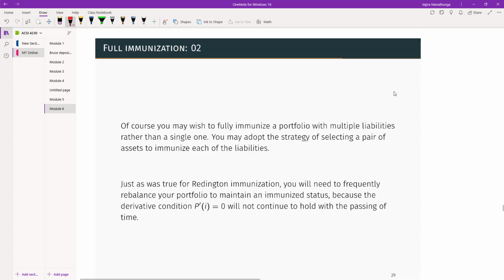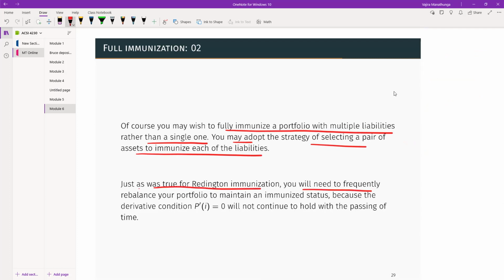So of course, you may wish to fully immunize a portfolio with multiple liabilities rather than a single one. You may adopt the strategy of selecting a pair of assets to immunize each of the liabilities. So for each liability, you dedicate two assets, one before and one after. Just as was true for Redington immunization, you will need to frequently rebalance your portfolio to maintain the immunized state, because the derivative condition P prime of i0 equal to zero will not continue to hold with the passing of time.